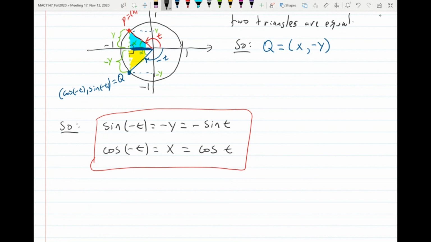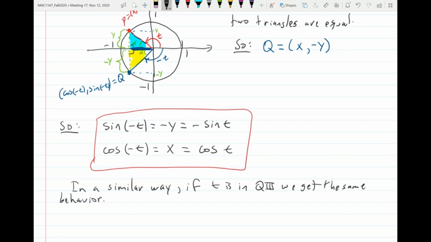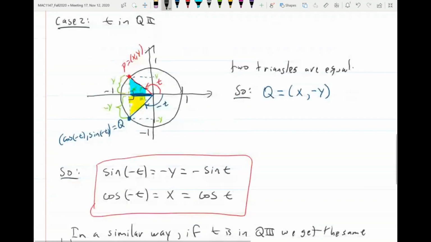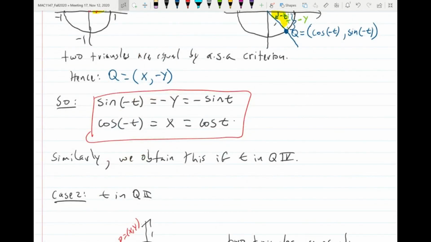So in a similar way, if t is in quadrant 3, we get the same behavior. So moral of the story, regardless of the quadrant, we always see that the sine acts like an odd function. You can take the minus out, and the cosine acts like an even function. So that's exactly what they are.